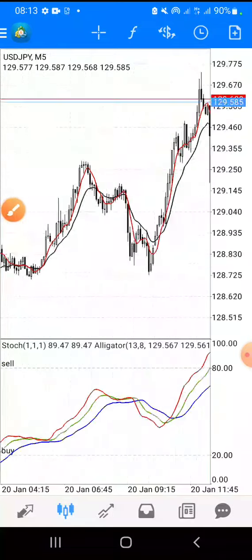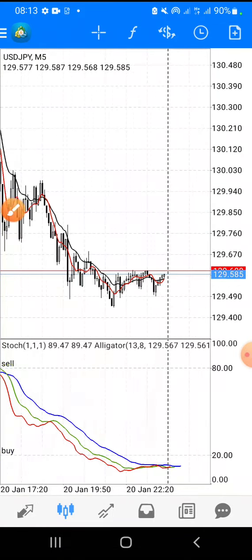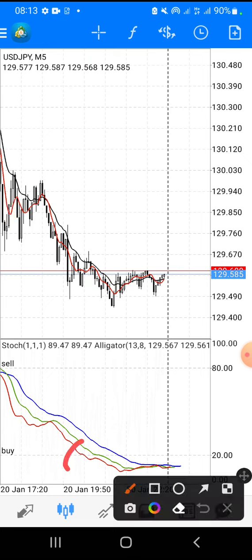Same scenario, even if you want to look for buy trades. The moment you see our red line touching our buy zone or our 20 level, stop selling. The market is not going to fall any further from that. Then you're going to wait for the green line to look for opportunities to buy.